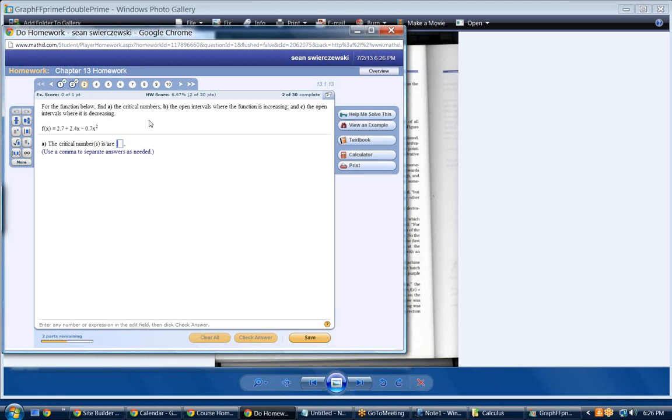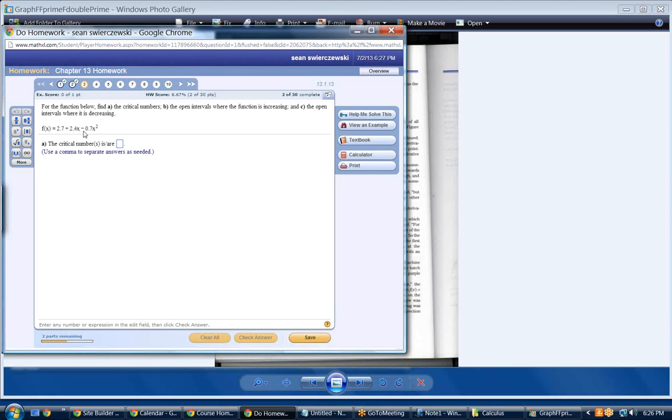The critical numbers. Critical numbers are what value of x makes f of x zero, or division by zero, but in this case... So could it just be 0?